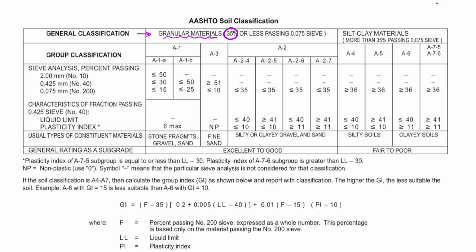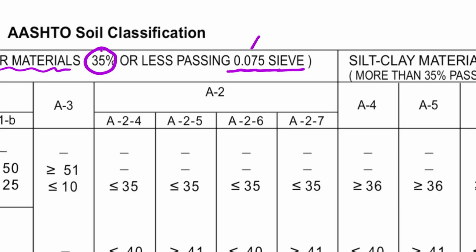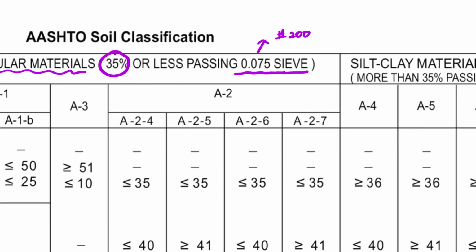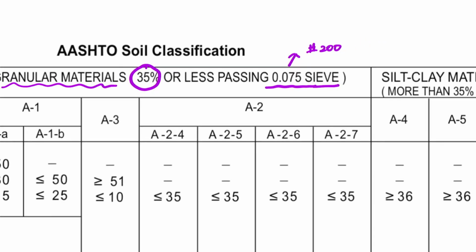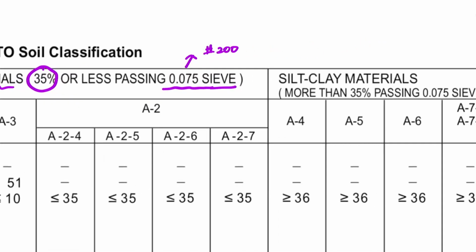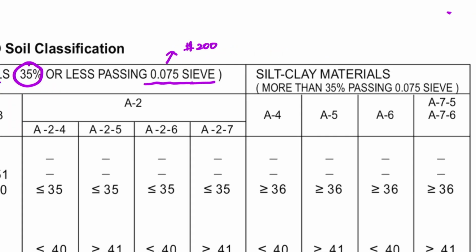The 0.075 sieve here is actually 0.075 millimeter, so this is number 200. If you have 35% or less passing number 200, then we're talking about granular material based on AASHTO. If you have more than 35% passing number 200, then we're talking about silt and clay materials.